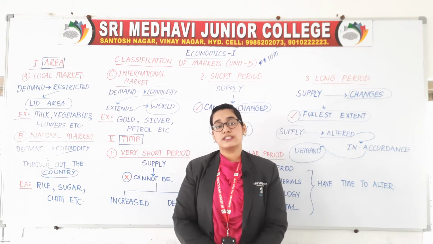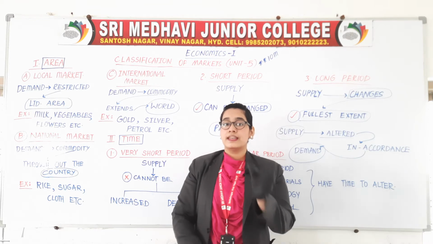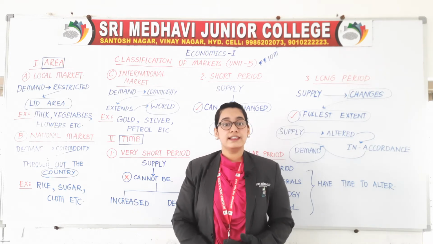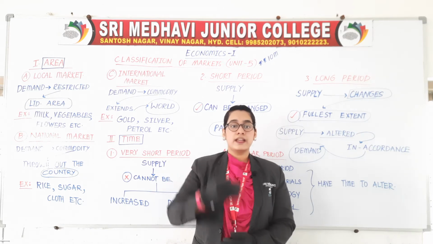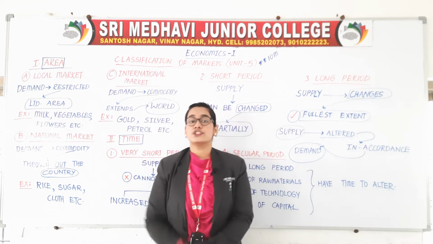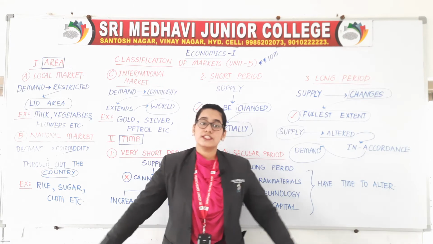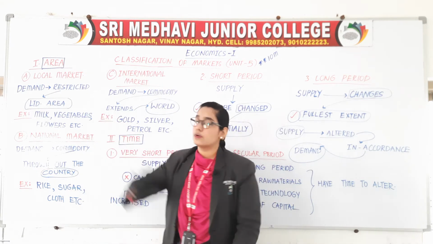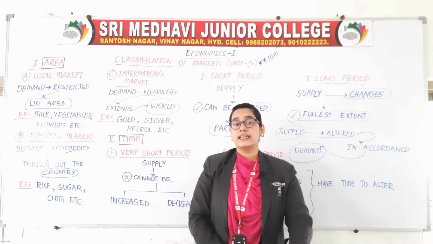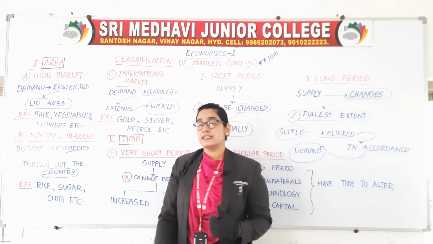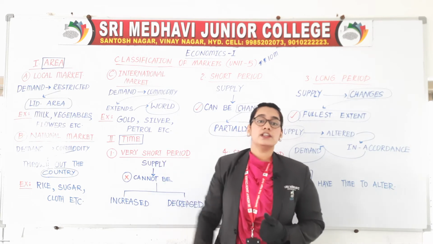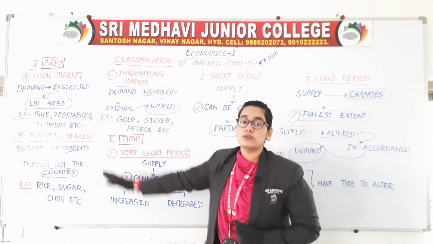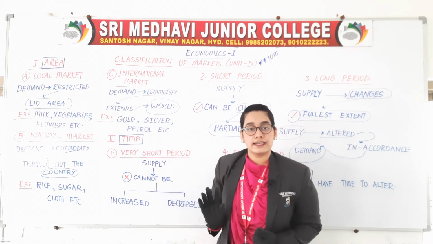Like you might have also seen the Olympics, right? National level, state level. First it will start from state level, then national level, then international level. State level you can imagine as a local market. If I say national Olympics, it means throughout the country. If I say international Olympics, it means throughout the world. Is that clear?